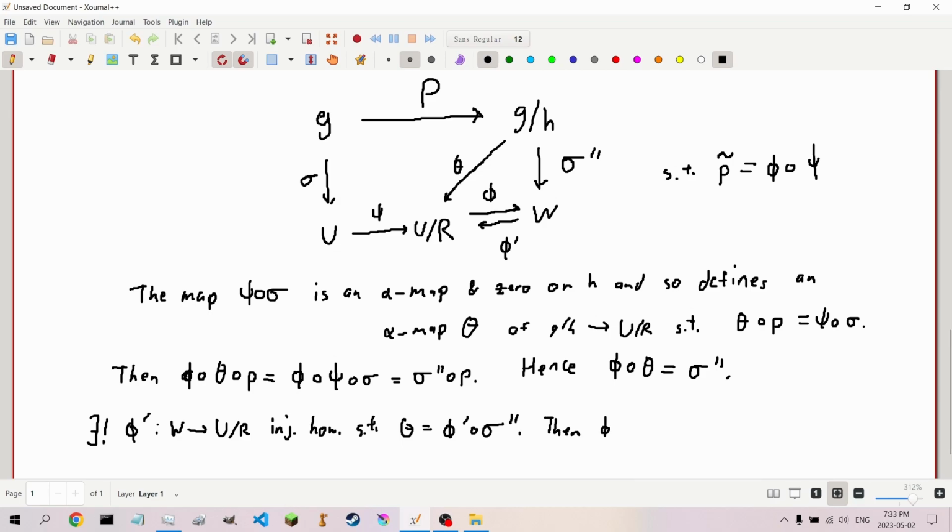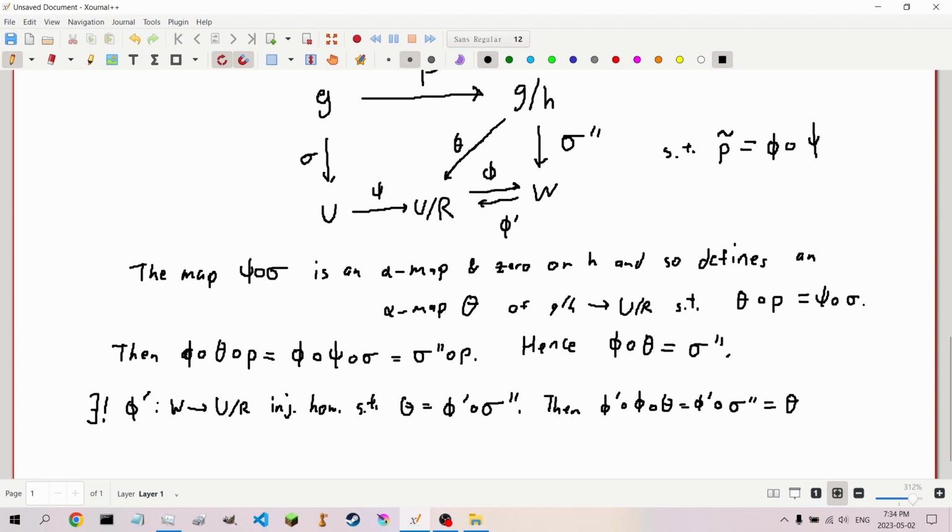Then phi prime composed with phi composed with theta is equal to phi prime composed with sigma double prime composed with theta. A lot of this is just chasing the above diagram. And phi composed with phi prime composed with sigma double prime is equal to phi composed with theta equal to sigma double prime.